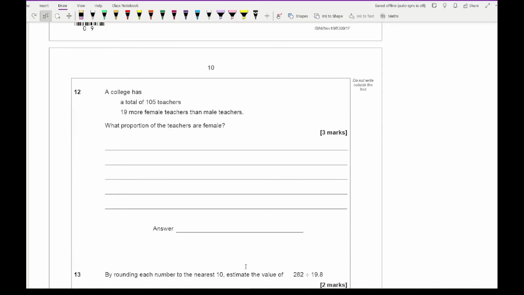So question 12 says that a college has a total of 105 teachers, 19 more female teachers than male teachers. What proportion of teachers are female? Now, again, there are several ways in which we can do this.